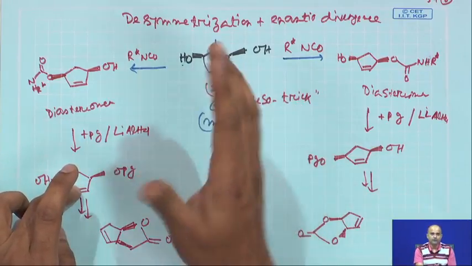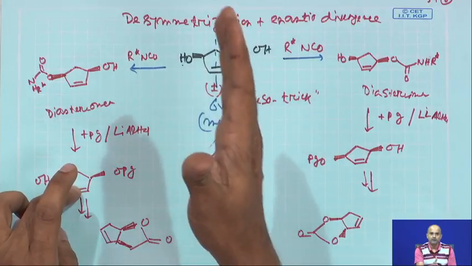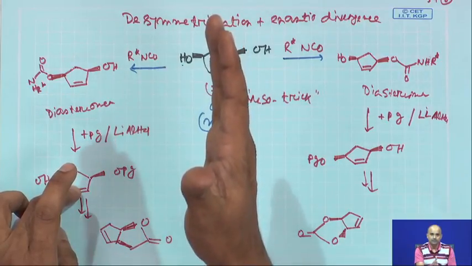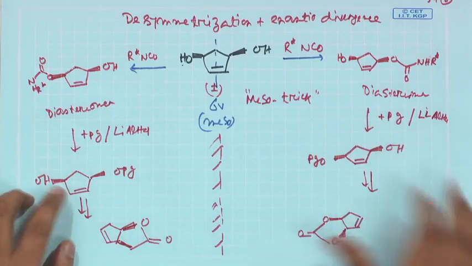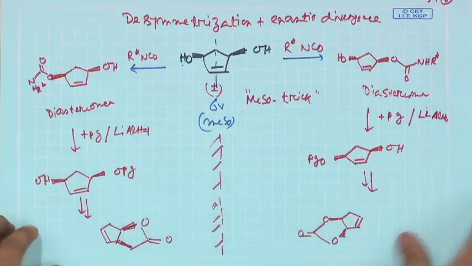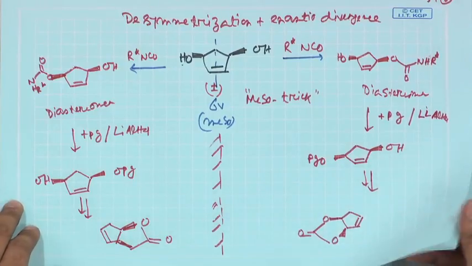So the meso compound's chirality has been internally compensated, but we use that internally compensated chirality to separate two enantiomers, and this is an enantiodivergent approach through a desymmetrization pathway. It is very useful, and we will see subsequently how this divergence is very helpful.